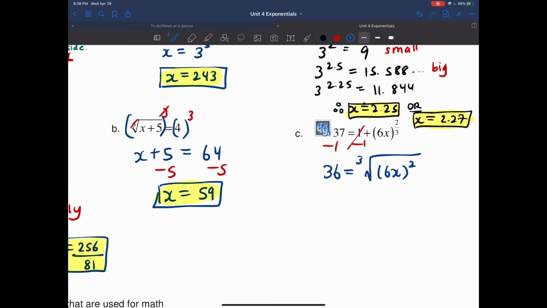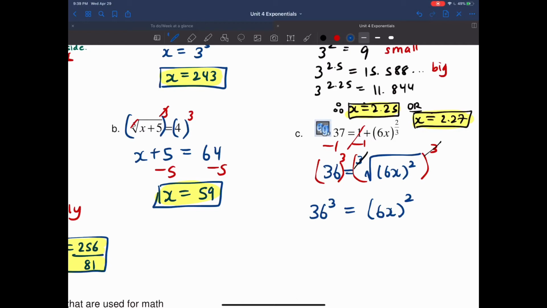Next, how do you get rid of that 3 root? Well, you can take the cube of both sides. That way, I will get 36 to the exponent 3. Those will cancel out. And then I will get 6x squared, just like so.